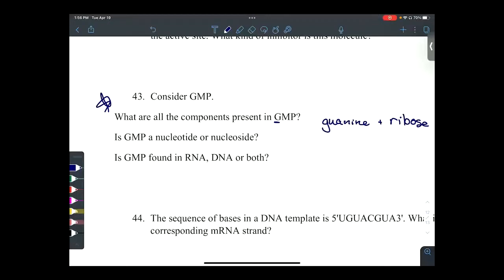Nucleotide, because the phosphate group means that it's a nucleotide. If it's just the first two, just guanine and the ribose, it would be a nucleoside. Finally, GMP would be found in what? DNA, RNA, or both? How do we know it's only found in RNA? The ribose, okay? So I want you to be looking at the right places within here.